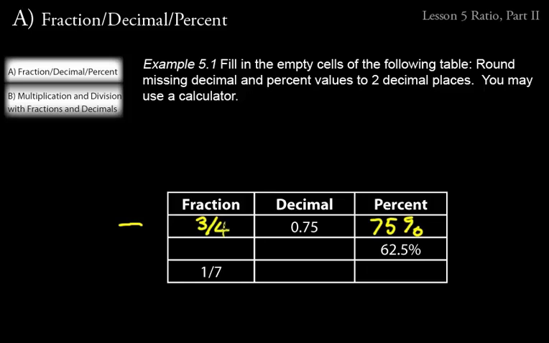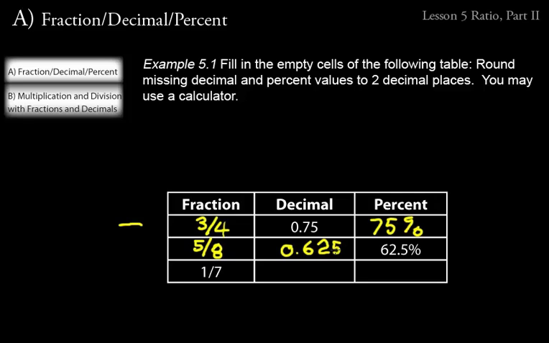Now for the next row, also you can look at patterns from your table. Notice that 12.5 times 5 is 62.5. So 1/8 equals 0.125 equals 12.5%. 5/8 equals 0.625 equals 62.5%.